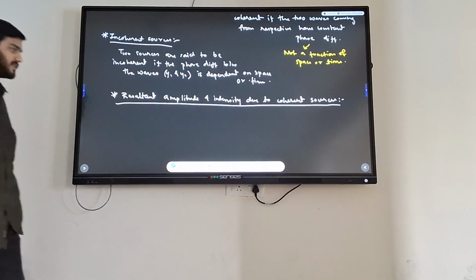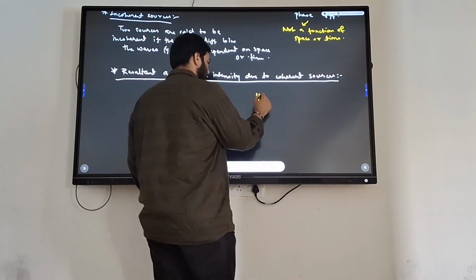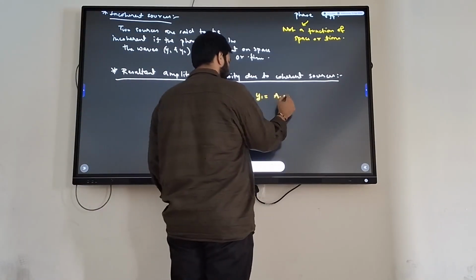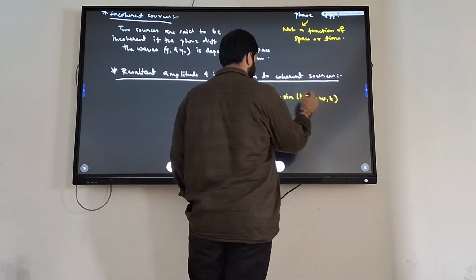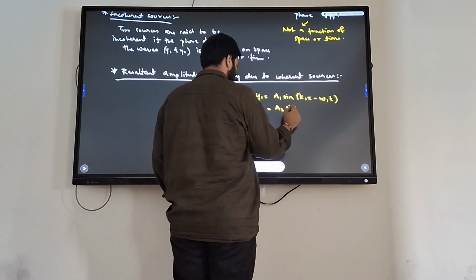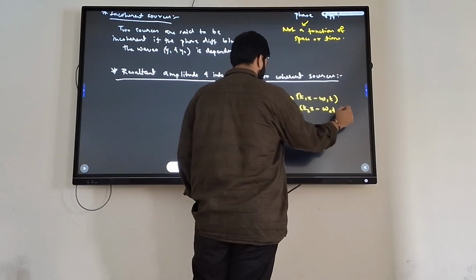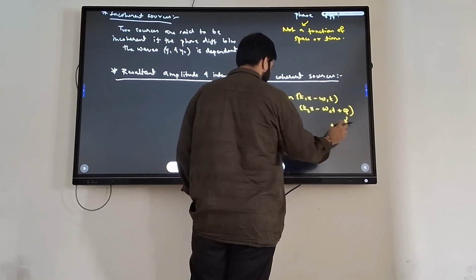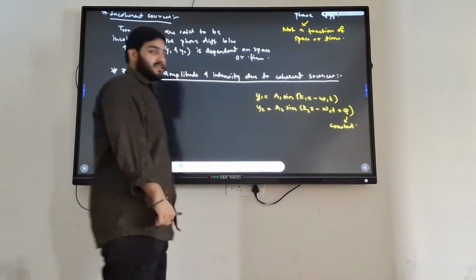Let me ask you this one thing. Let's take y1 as A1 sine (k1x minus omega 1 t), and then y2 as A2 sine (k2x minus omega 2 t plus phi), where this phi is given to be a constant. Let's say this is mentioned.